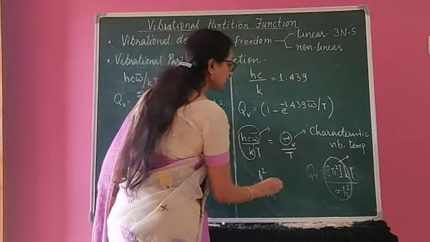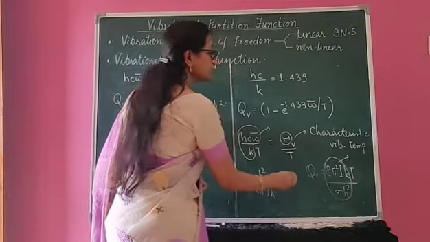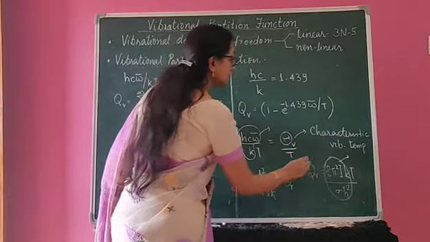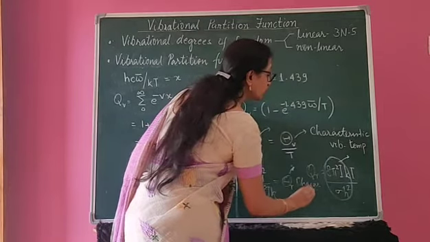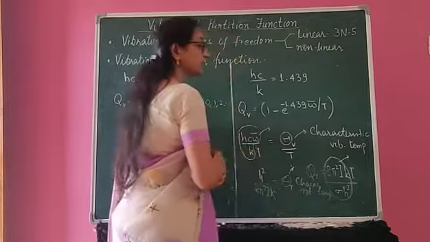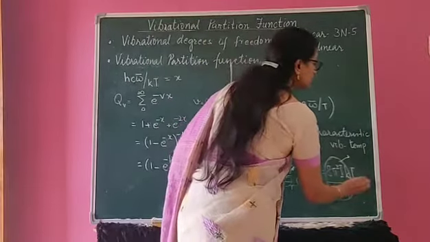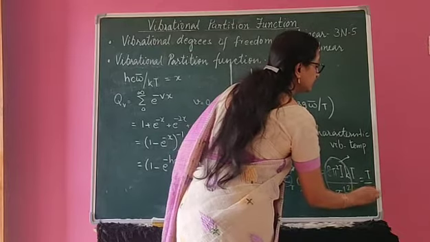This can be written as theta_R, which is known as the characteristic rotational temperature. So we can write this equation as T upon sigma theta_R.